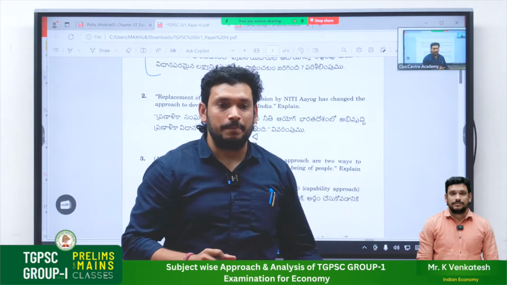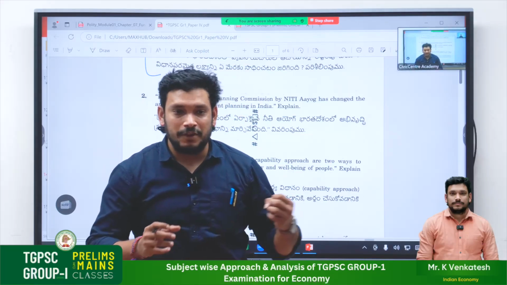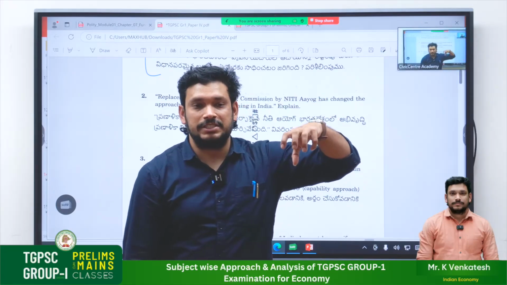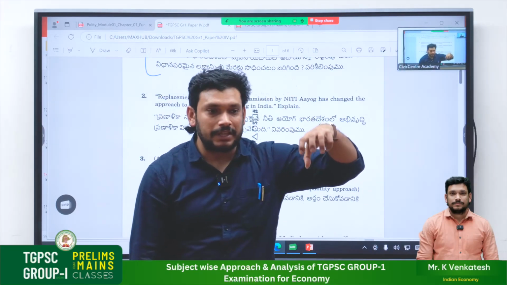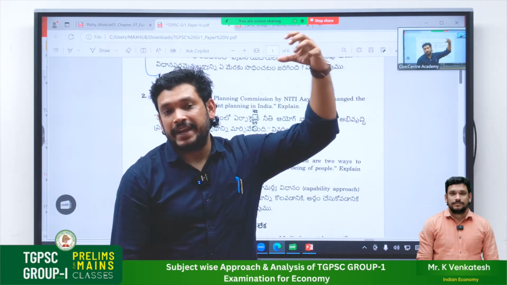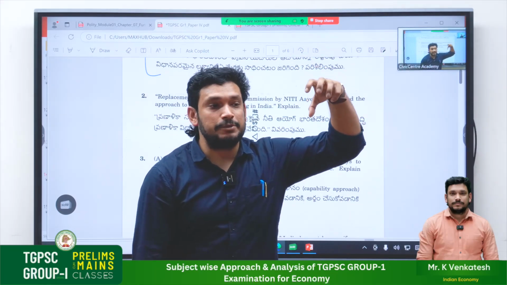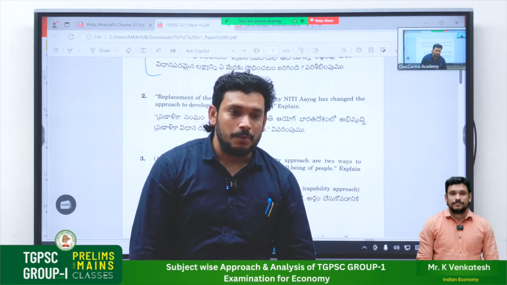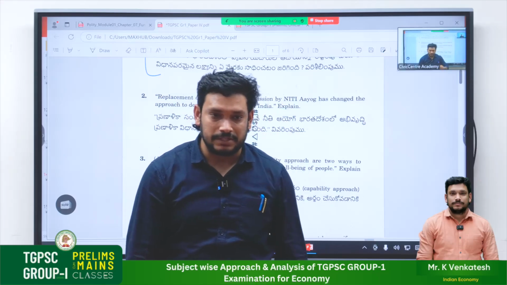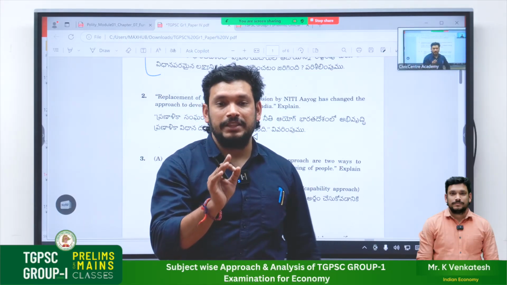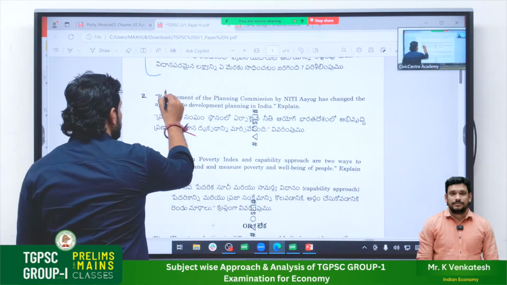All the development suggestions will be given by the CMs in the governing council. All the chief ministers are available in the governing council of Niti Aayog. So when the Planning Commission was there, it was centralized planning, a top-down approach. When Niti Aayog came, it was a bottoms-up approach. So there is a difference. That is the change that you need to write. That is the analytical thing that you need to write in the mains question.